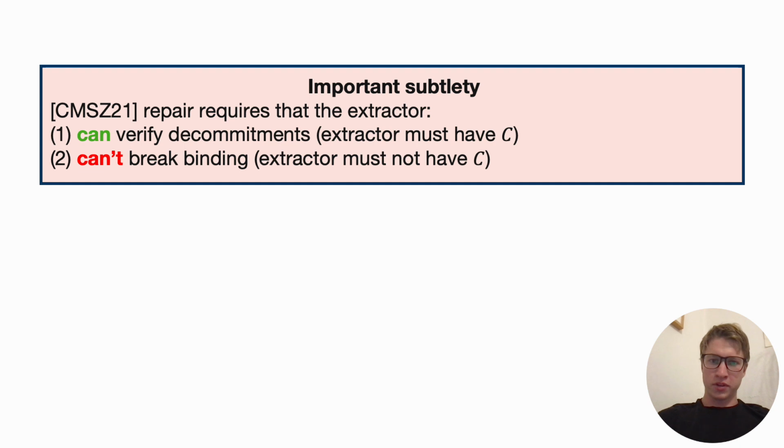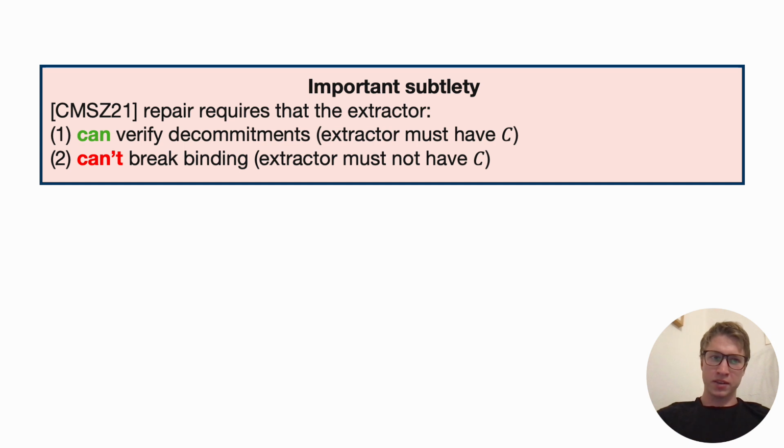But there's an important subtlety with this argument, which is that CMSC repair requires that the extractor has to both have the ability to verify decommitments, which turns out to be necessary in order to do the repair procedure, and at the same time, they shouldn't be able to break binding, because if they can break binding, then the guarantee that swap binding, that we can swap out the proof undetectably, is sort of going to fall apart.